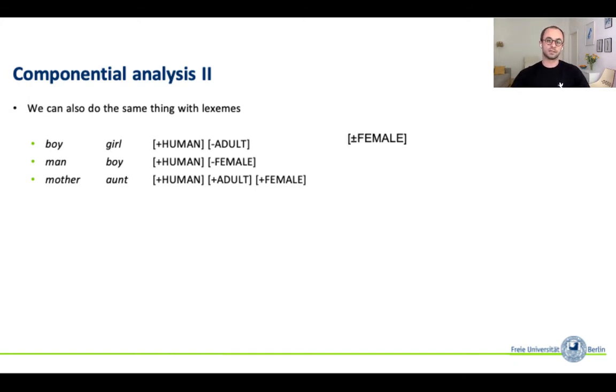And then we see that the thing that distinguishes them from each other is the feature plus minus female. With man and boy, this distinctive feature is then plus minus adult. And if we have a look at mother and aunt, we'll see that the distinctive feature will be something like plus minus your parent.